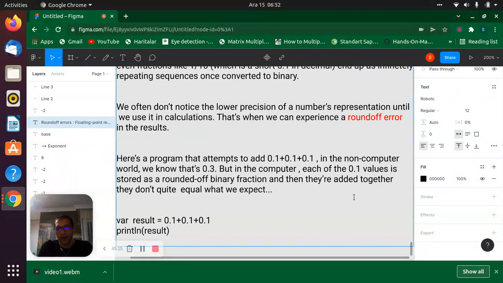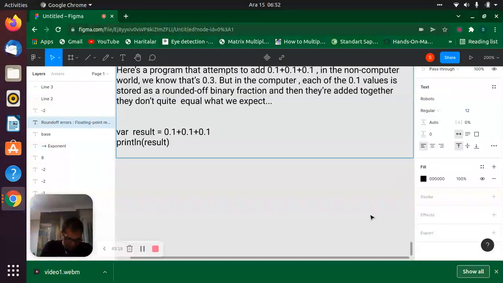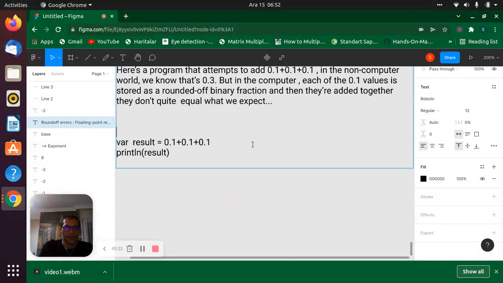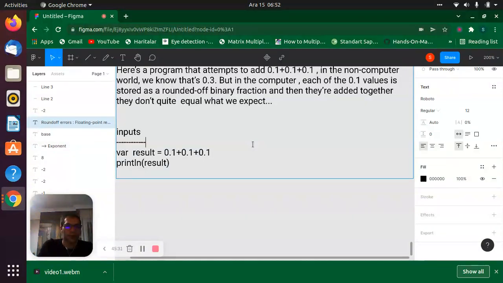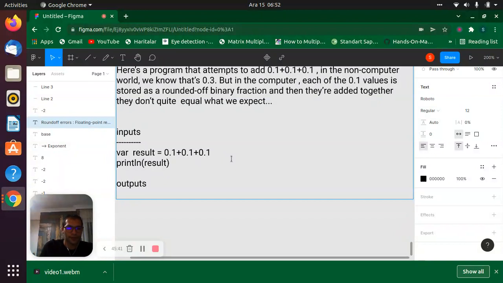So println, I told you console.log, you can't think too much about it. Let's say these are our inputs, and this one, the outputs.